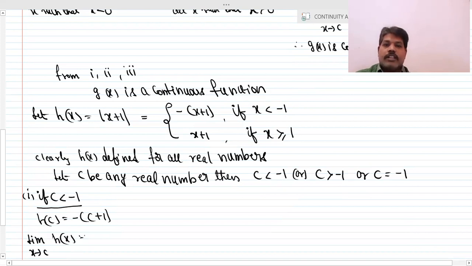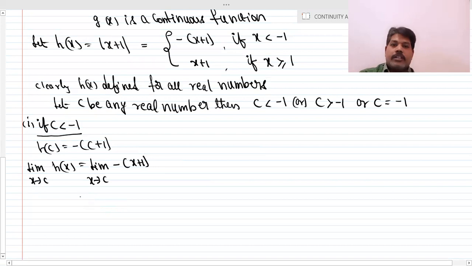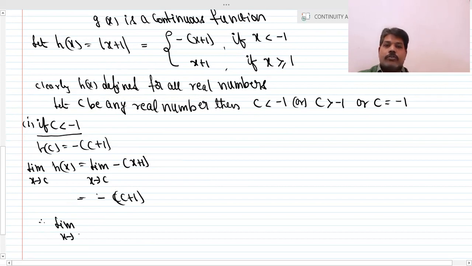Okay, so that is nothing but the limit as x tends to c of h of x. For x less than minus 1, h of x will become minus of x plus 1. So automatically this is equal to the limit, and if we apply the limit, it will become minus of c plus 1. Therefore we can conclude that the limit as x tends to c of h of x equals h of c.